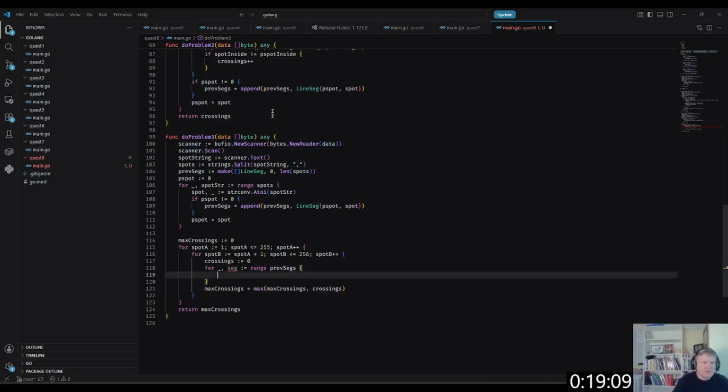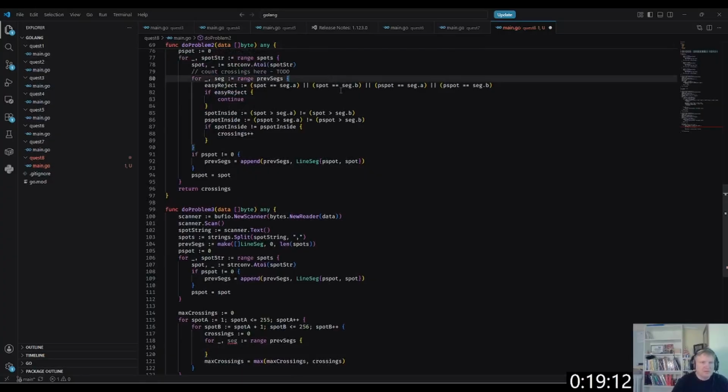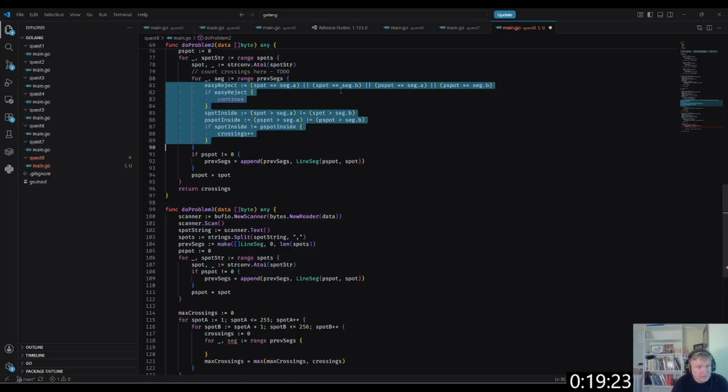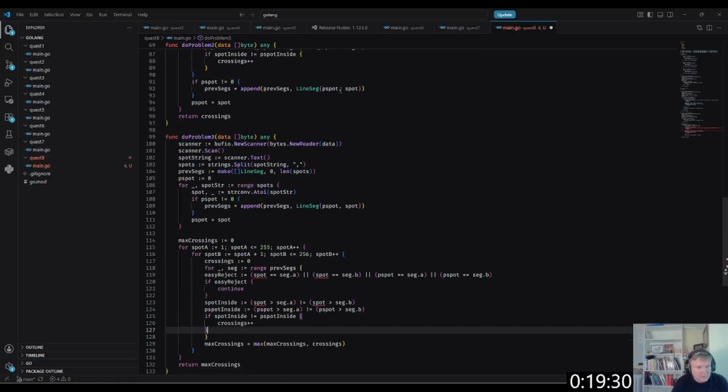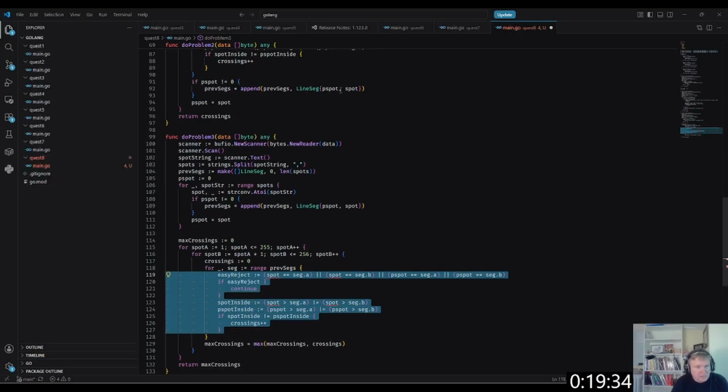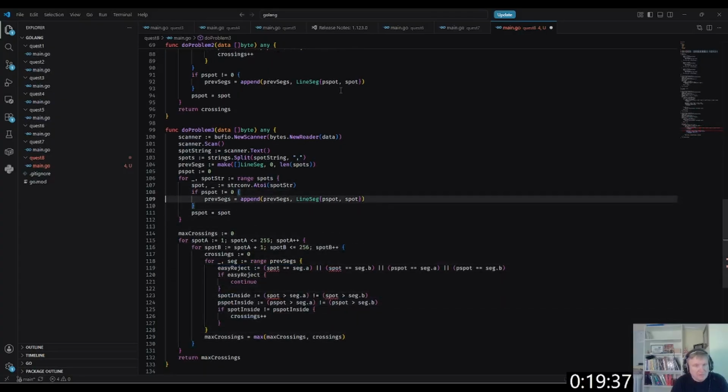Okay, and now I'm going to actually change this to make sure that they are always using the min one and then using the max.